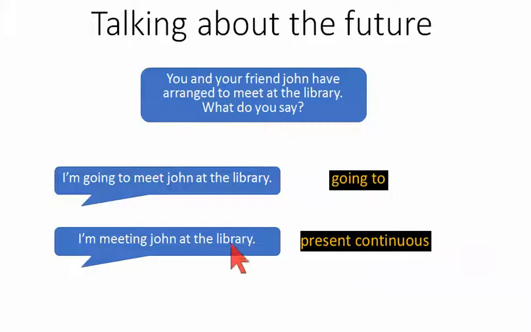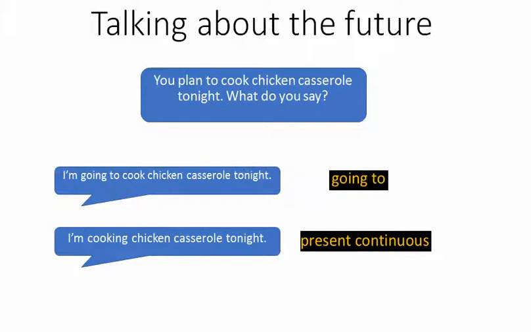That means I should use the present continuous: I am meeting John at the library. Next one. Okay, I'm going to cook chicken casserole tonight. It's your plan. You're cooking it on your own, I assume, so you're going to cook it.